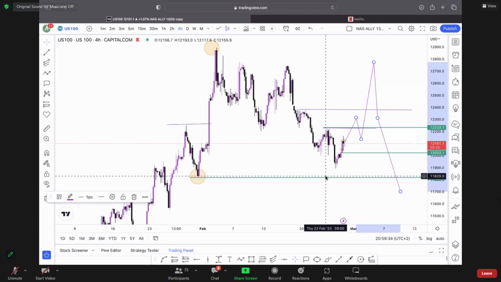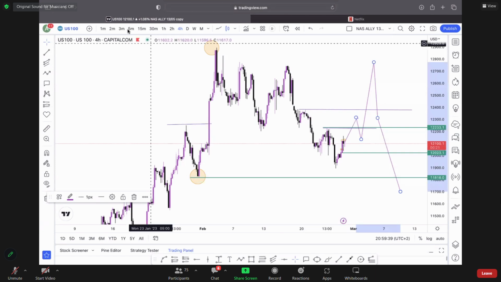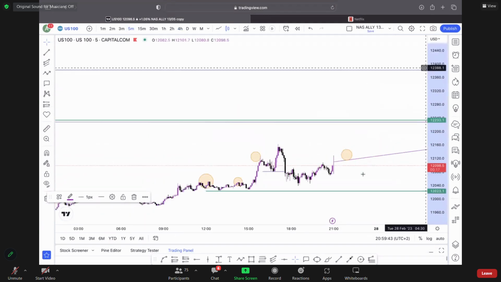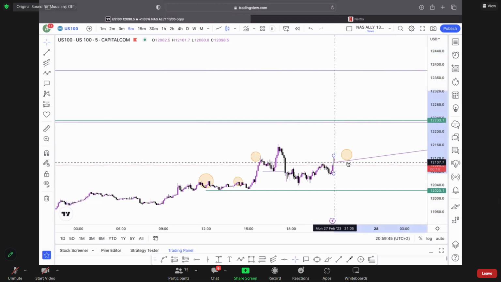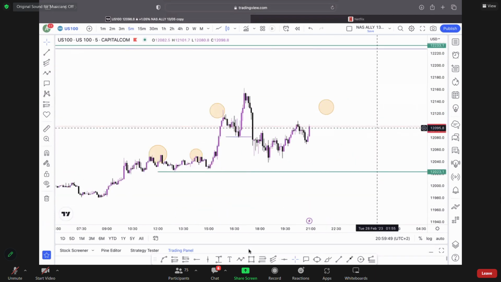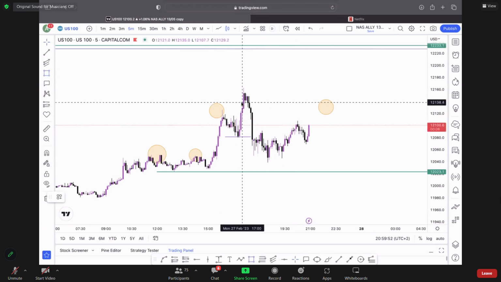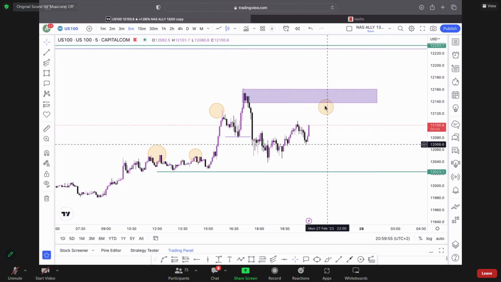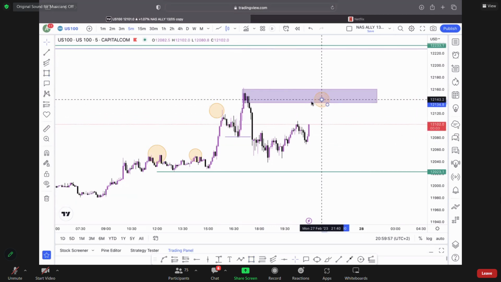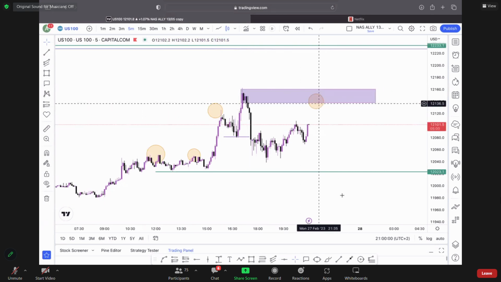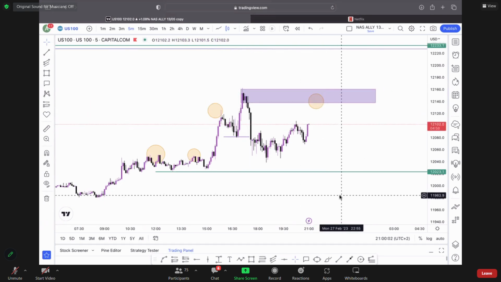So you can see, on a fractal scale, we were looking at the 1 minute, 5-minute time frame. Let me just move that out of the way. So we were looking at a 5-minute time frame. Now a lot of people are going to look to sell at this zone. So let's see what's going to happen around the zone, whether the market is going to respect that high and take out the low, which we said it can. Why?